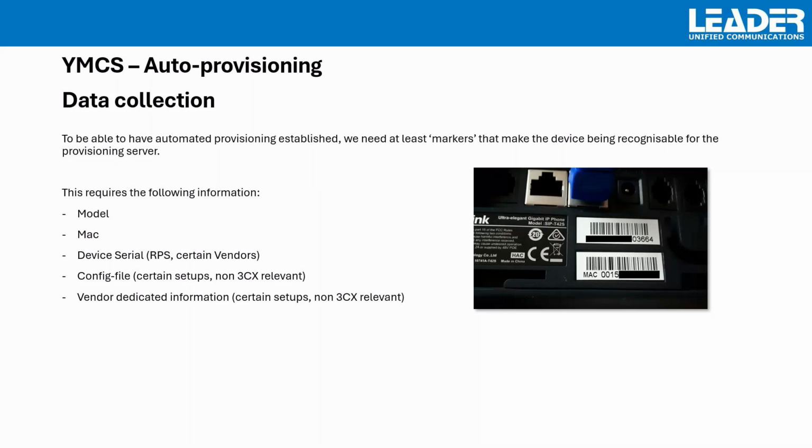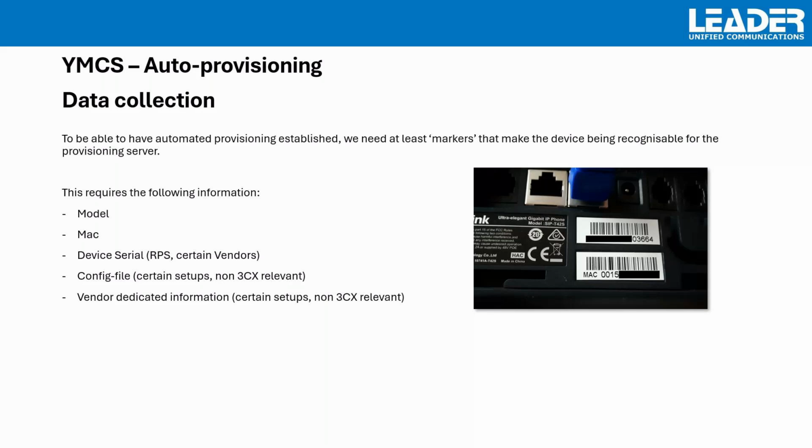Now, in order to get the device configured on RPS, we have to collect a little bit of data for the device, also to be able to add it into the system. With the YMCS, we require the model, what kind of model it is, the MAC address, the device's serial number, and then a config file, for example.